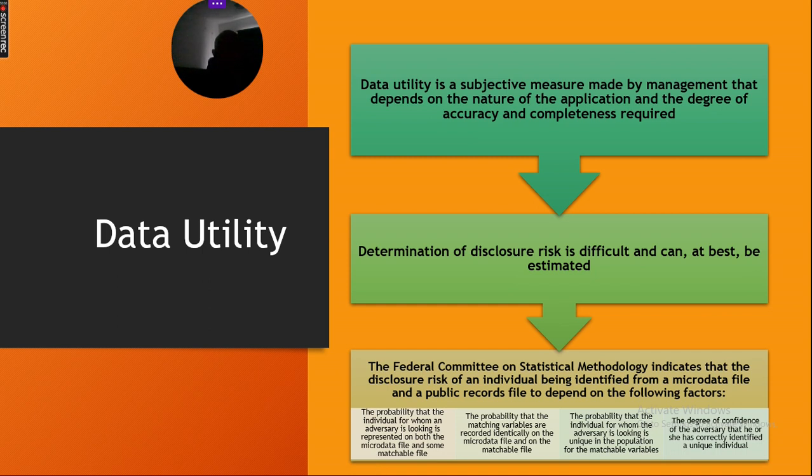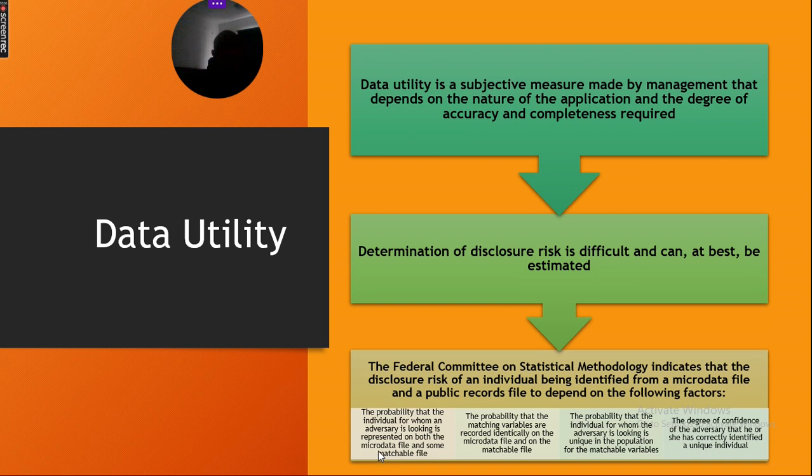One is the probability that the individual for whom an adversary is looking is represented on both the macro data file and some matchable file. The matchable file could include the voter registration details.